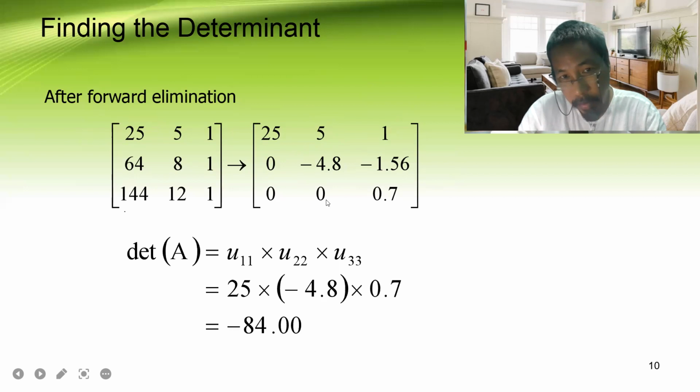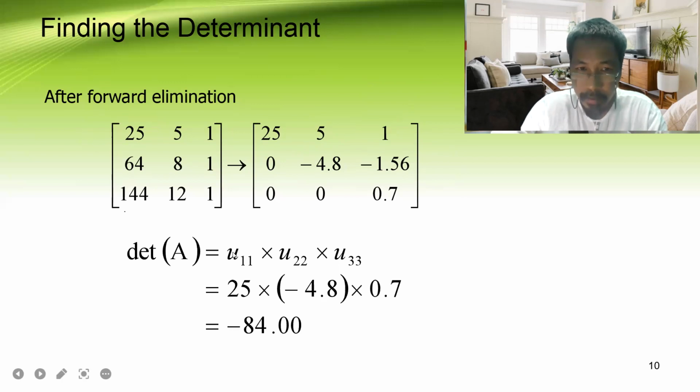All the other values are 0. That's why this is the only value of the determinant, and that is actually equal to negative 84. Multiplying 25, negative 4.8, and 0.7 gives negative 84. In 4 significant figures, we have negative 84.00.